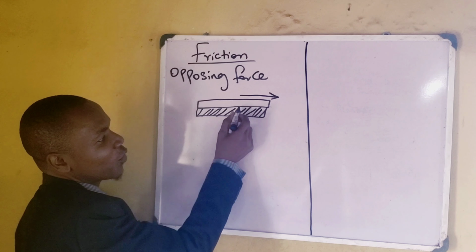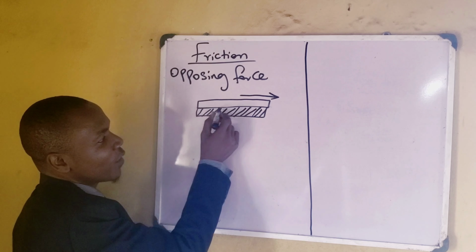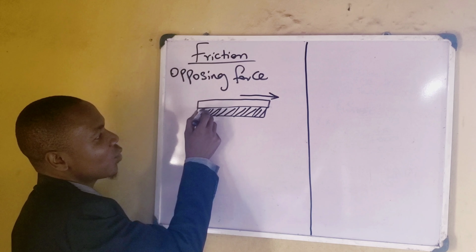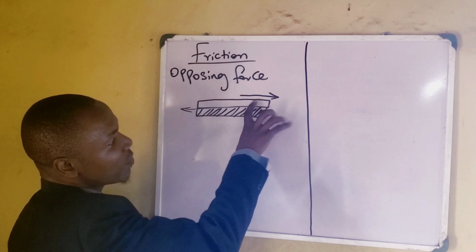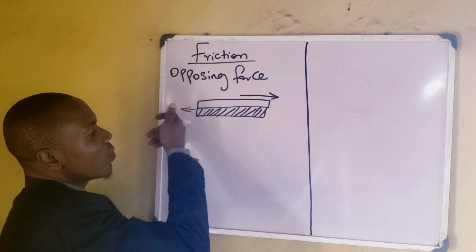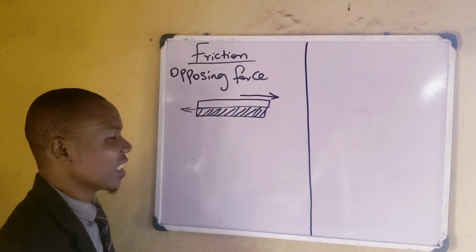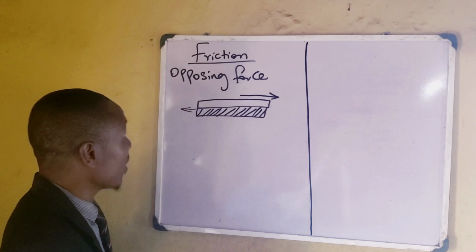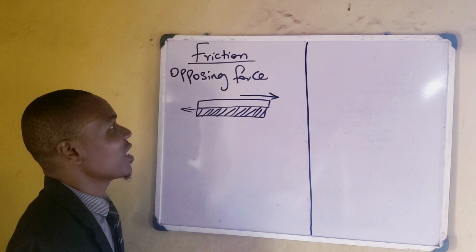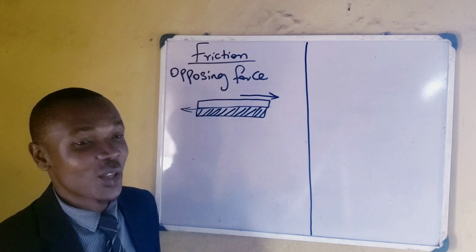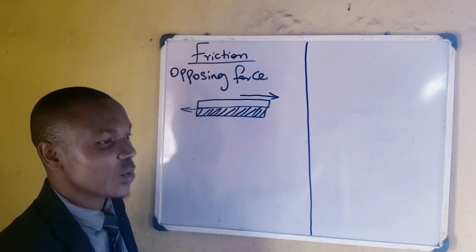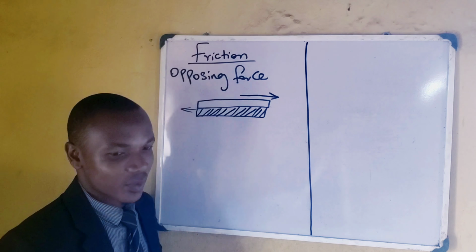This frictional force will be acting on this surface where they have contact, and it will be acting in the opposite direction. So that's why we say that the frictional force is an opposing force. It stops us from going the direction that we want to go and says, let us go to the opposite direction.